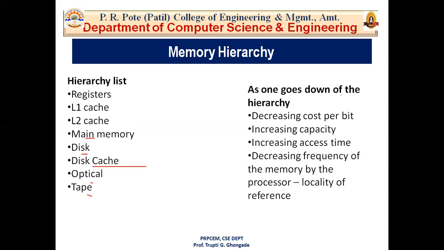If we want to buy a computer with 64 GB of RAM, because nowadays computers have 4 GB or 8 GB of RAM, then the price of that system may be about 1 lakh. But secondary storage in today's systems is approximately 500 GB or 1 terabyte. In that way, you can compare the cost per bit.